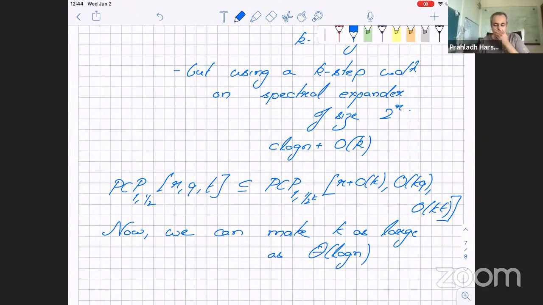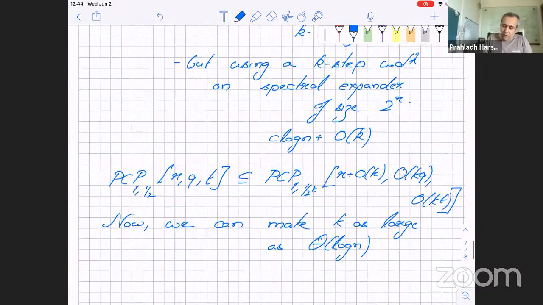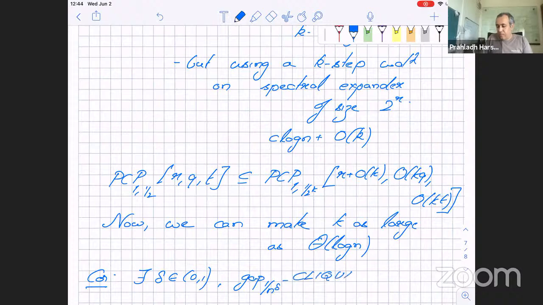And then you put all of this together, you will get the following corollary of this. You will get that there exists a delta in (0, 1) such that gap 1 by n to the delta clique is NP hard.